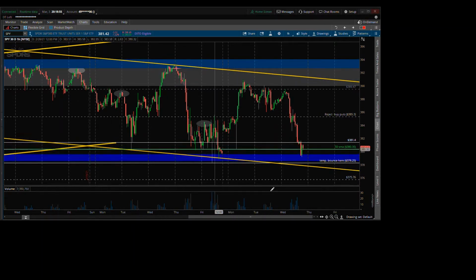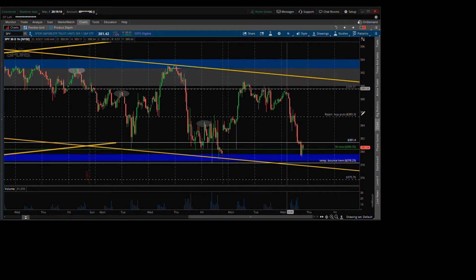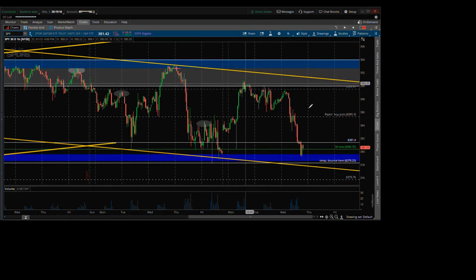Notice here we rallied, we based, and then we dropped. We tried, we didn't have enough strength to continue, so it did a lower high, and then another lower high. So we're just doing lower highs. This is a sign of weakness.